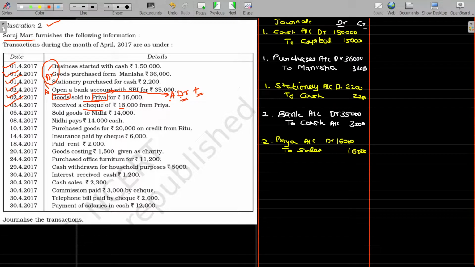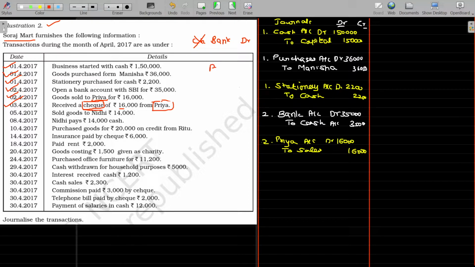So check represents bank balance and Priya is a party. Bank balance is usually asset, right? So bank is an asset. What are the two items there? Check, otherwise named as bank. This is asset, so debit balance.